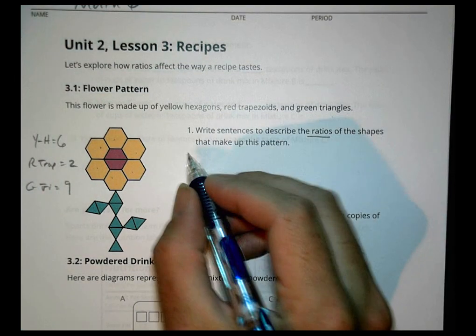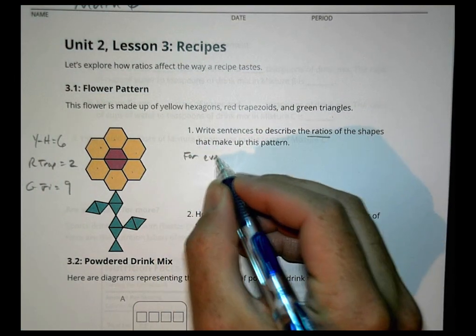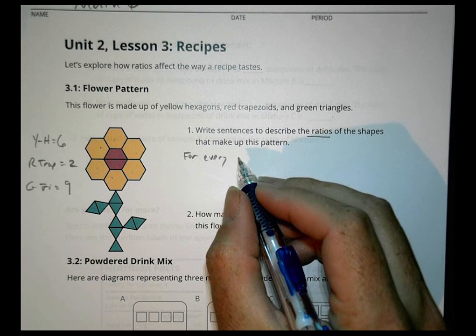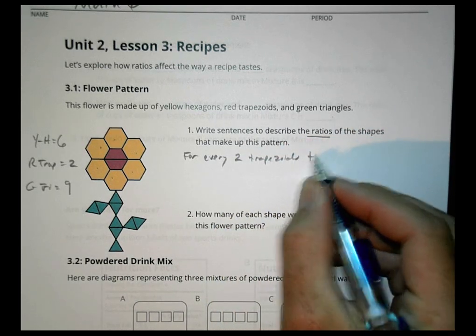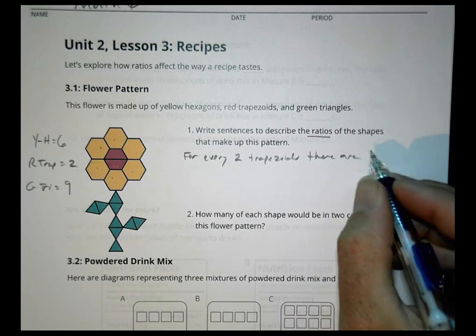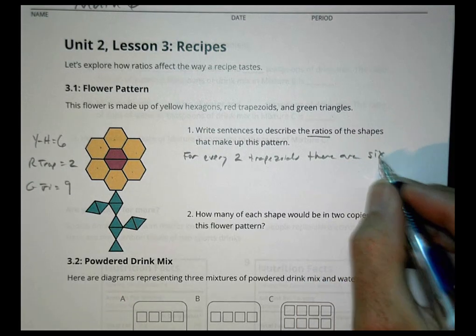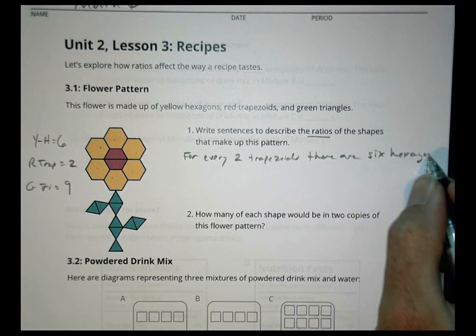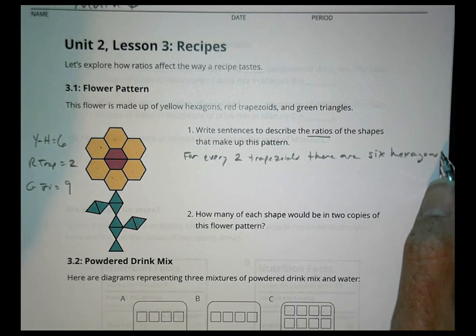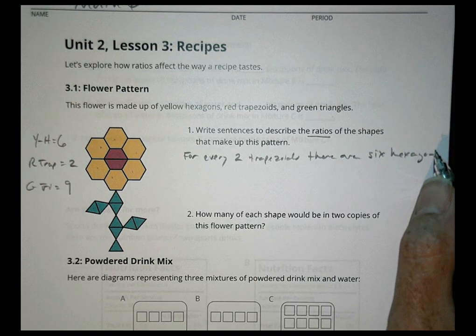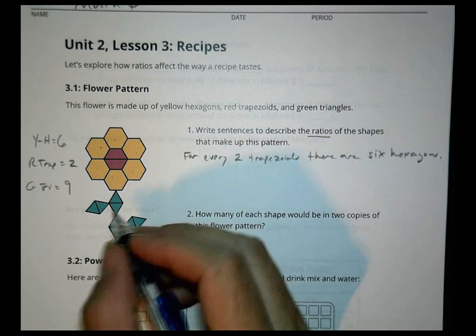We could say that for every 2 trapezoids, there are 6 hexagons, right? That's a true statement there. Are there others you can make? Absolutely. You can take notice of how many triangles there are.